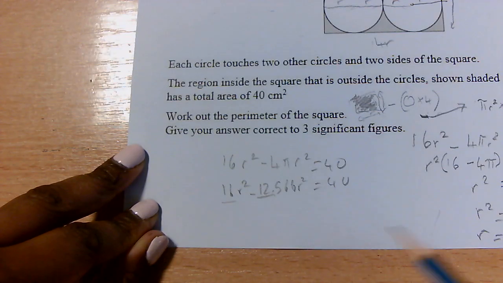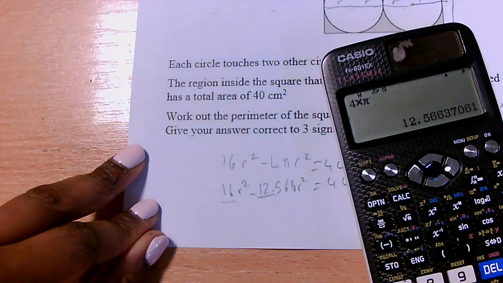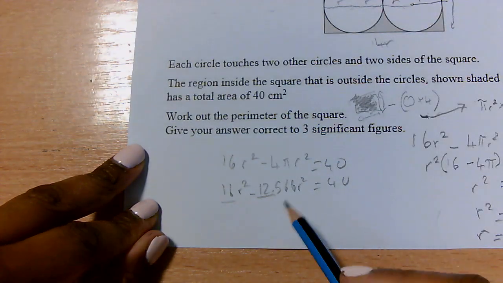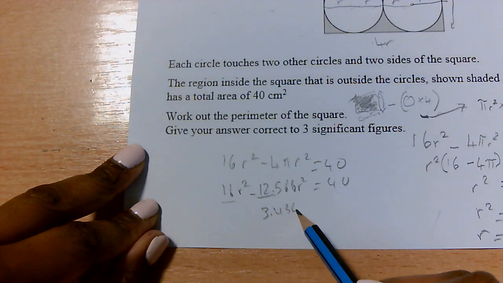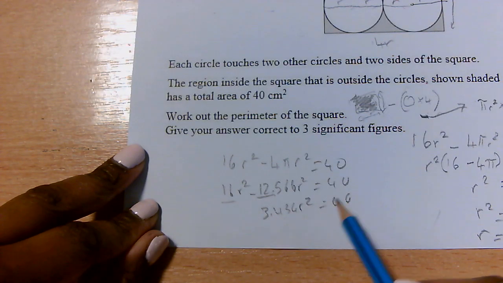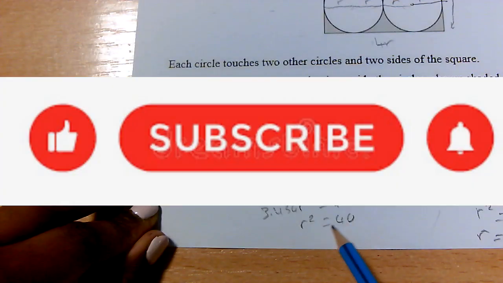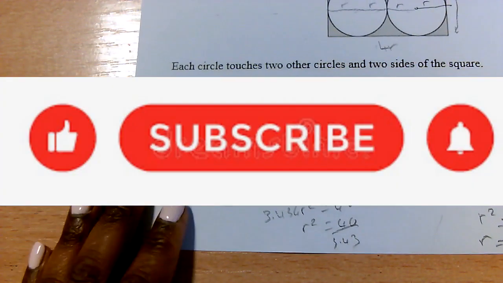And then collecting like terms, you could just press 16 take away 12.566, and you would have got 3.434r squared equals 40, and then you would have done your division at this point and square rooted and got the same thing. And that's the answer.